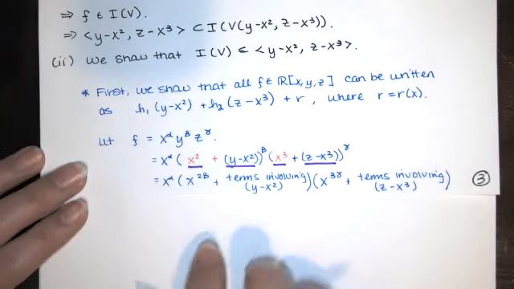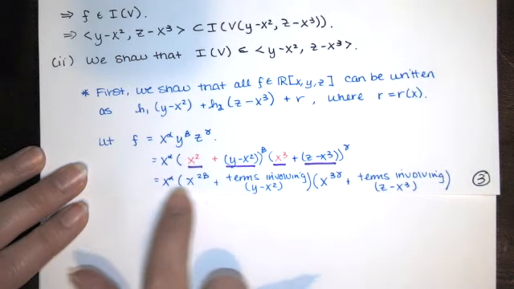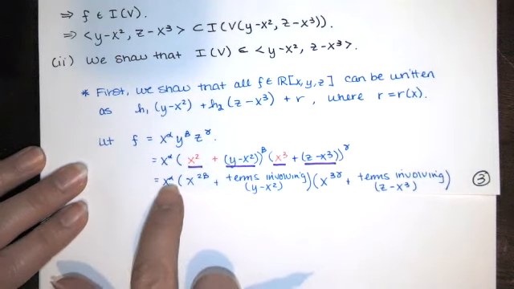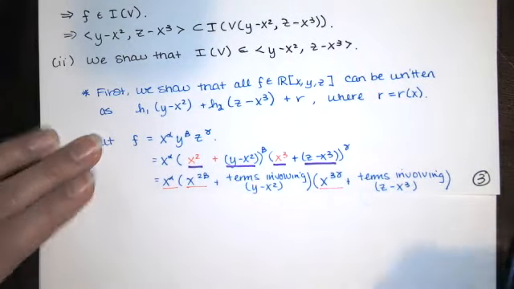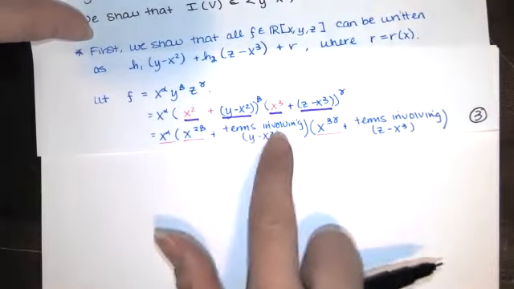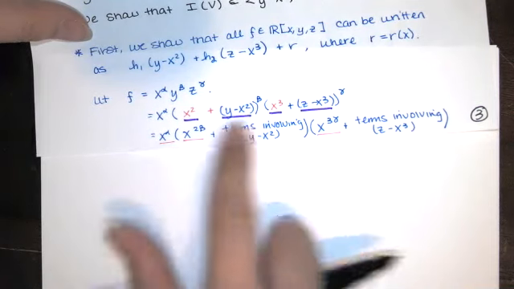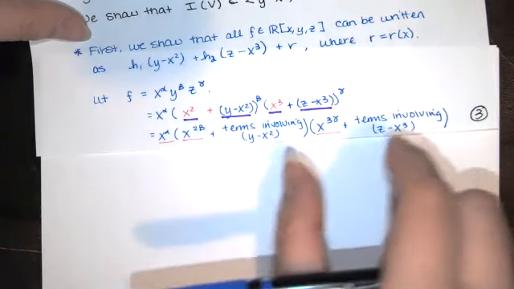So if I write all of this out, if I expand this, if I take the leading terms and multiply them together, I've got x to the alpha times x to the 2 beta times x to the 3 gamma. And we know we can add the exponents. So we have that plus a whole bunch of terms involving this times x to the alpha, plus a whole bunch of terms.